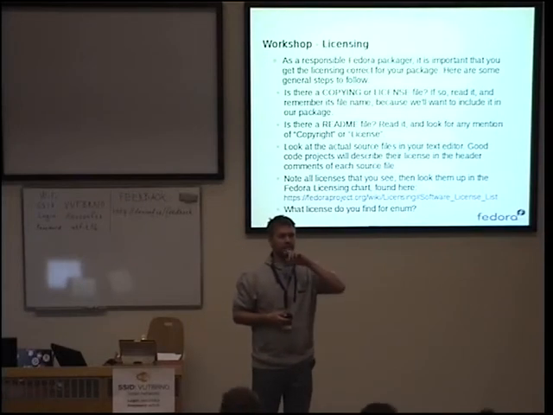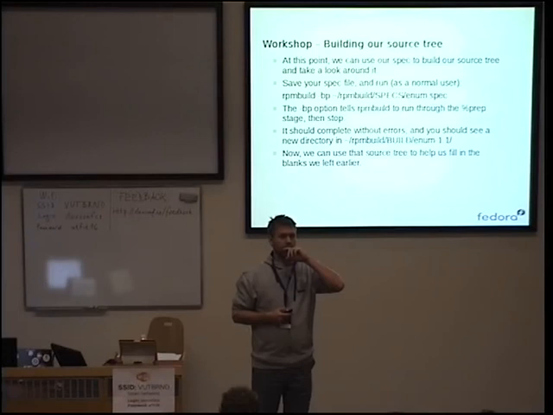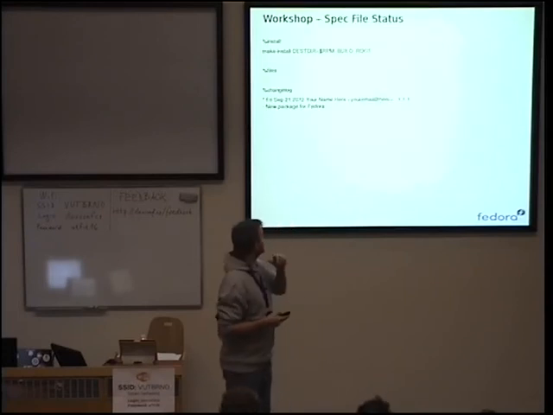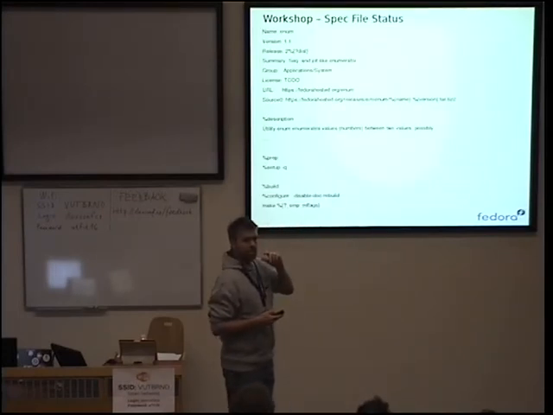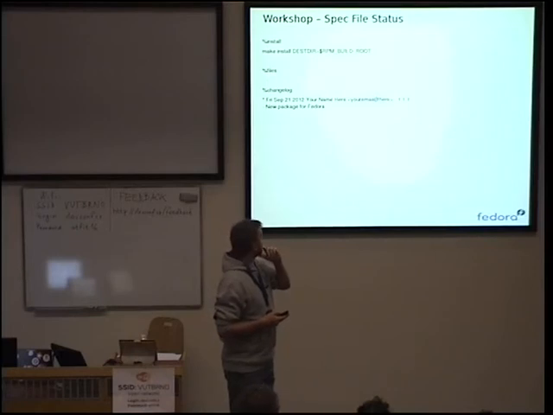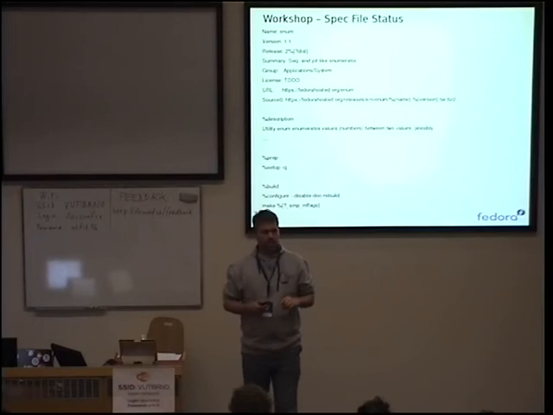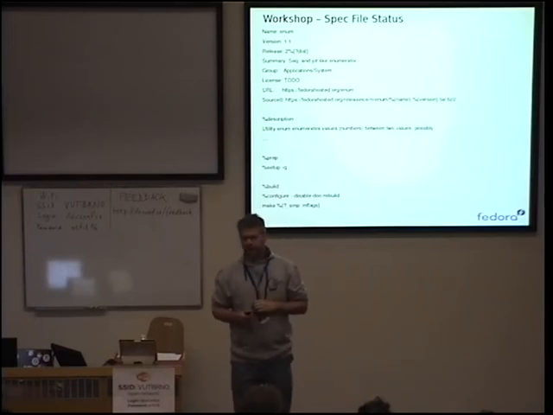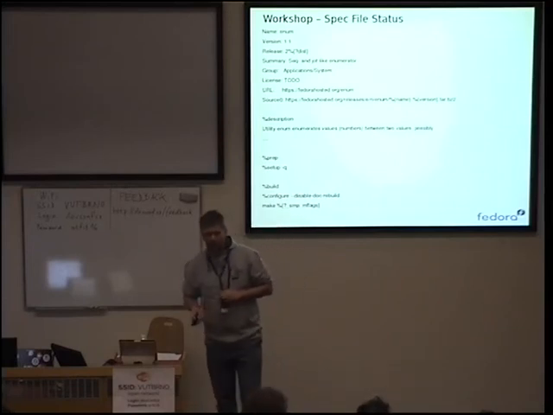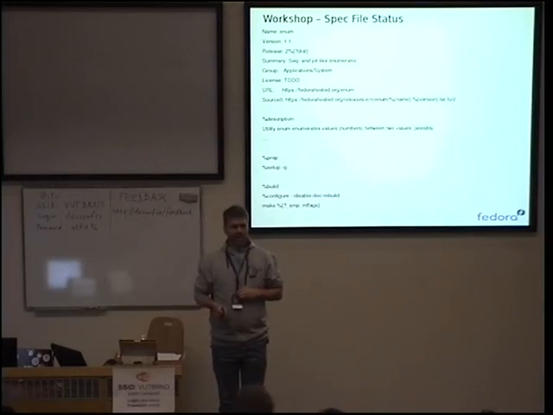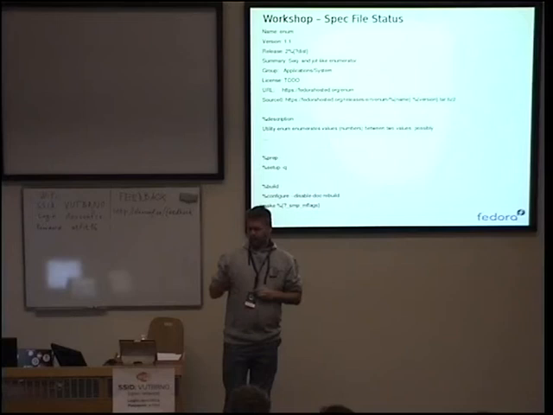So, question? Can you go back to the spec file? Here? Yeah, the first page of it. We will find that our software is licensed as BSD. So again, in the Fedora guidelines, there is the subsection on licenses.